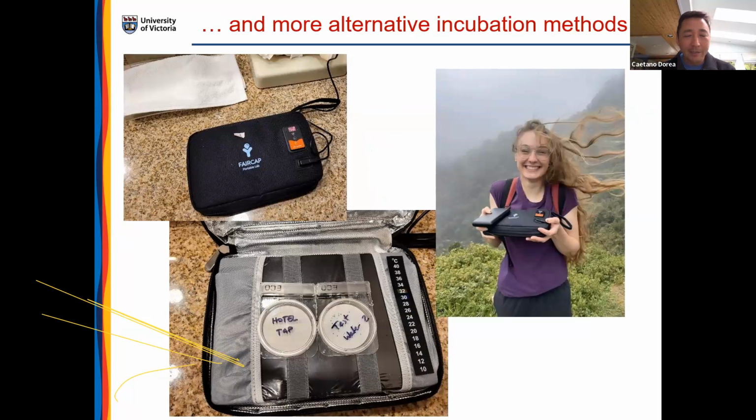I think we were at maybe 2,800 meters in altitude in Colombia. And here's a little power bank, and her colonies were kept nice and warm and grew, and we could count colonies with these tests. So again, an alternative, and we're looking to validate these.